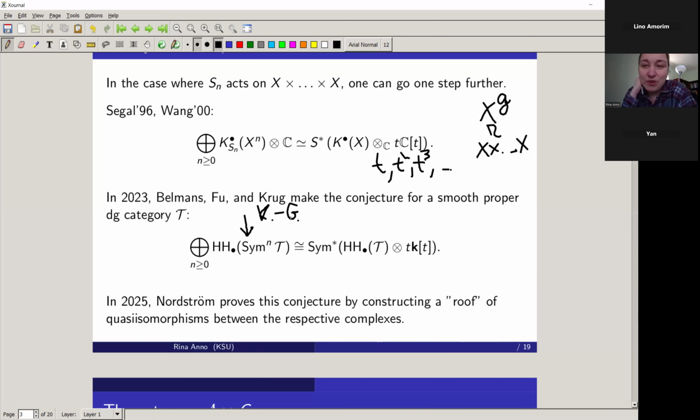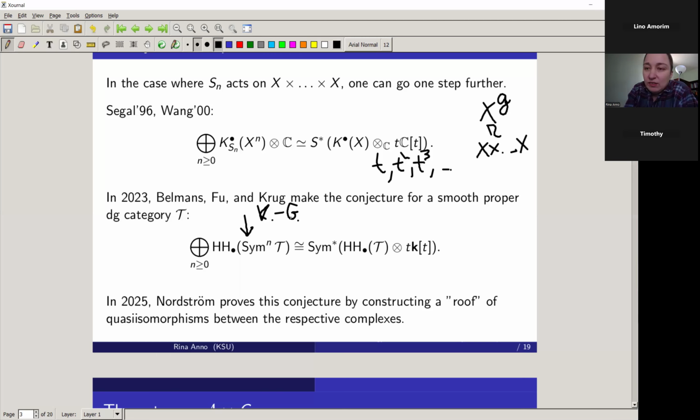Oh yes. But as you formulated it, there is no shadow of this resolution of singularities. No, the resolution of singularities, no. But the Heisenberg action, yes.